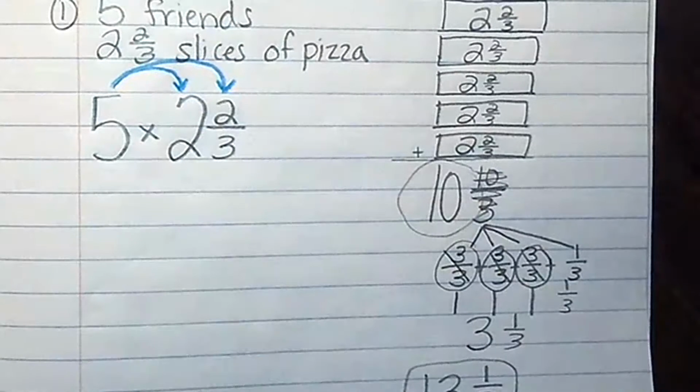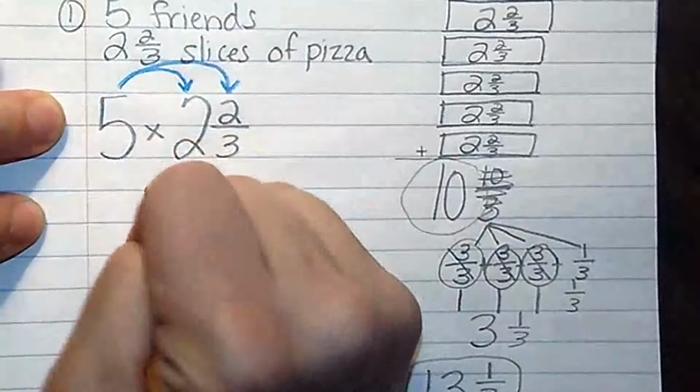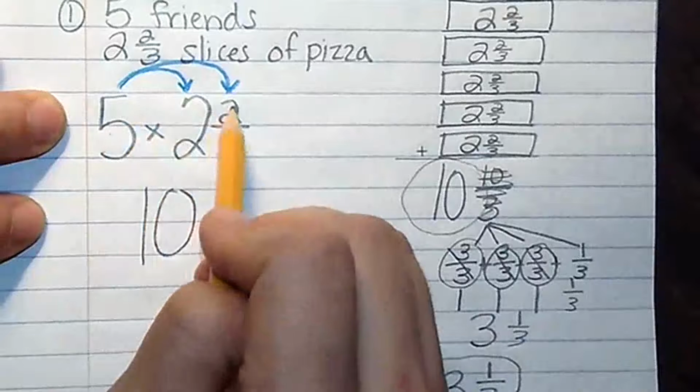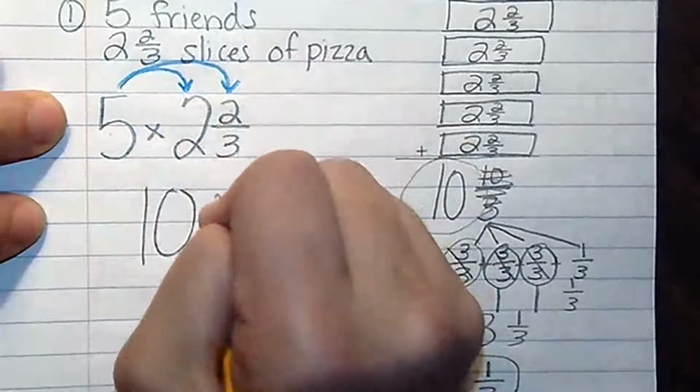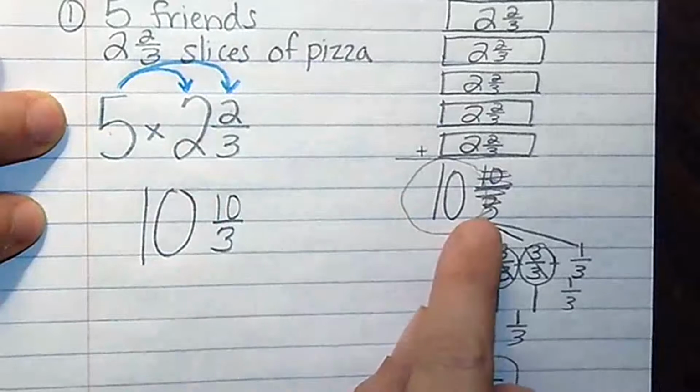And I'm just going to multiply twice. 5 times 2, that gives me 10. 5 times 2/3 gives me 10/3. And this is what I had right there.